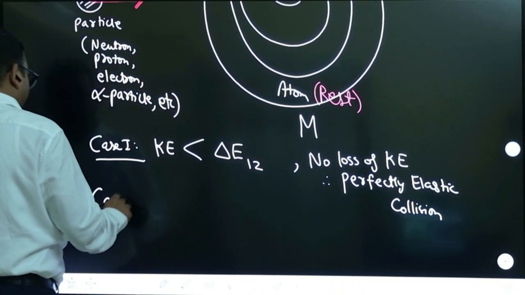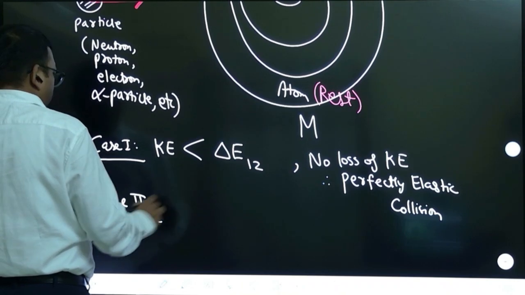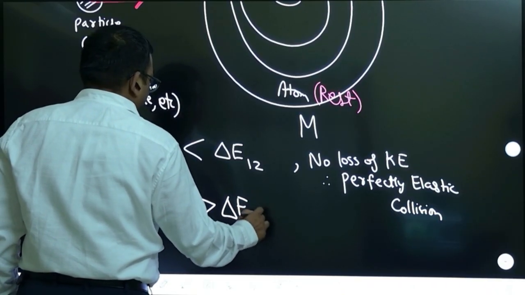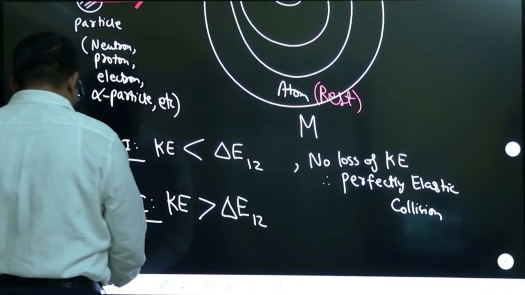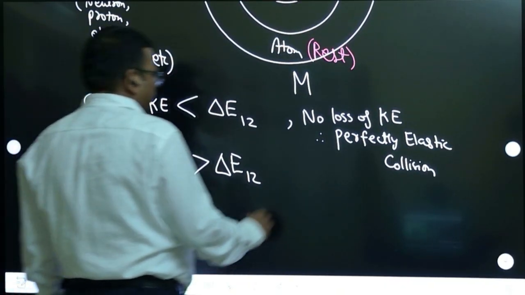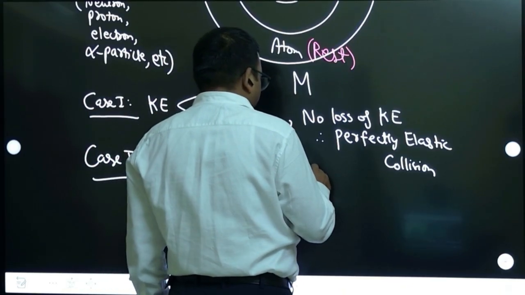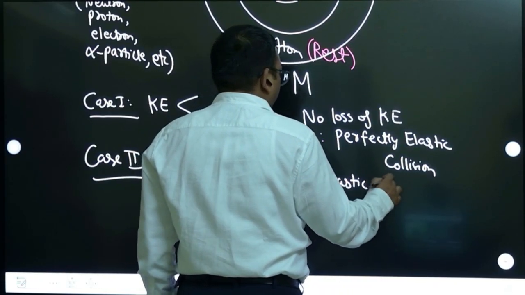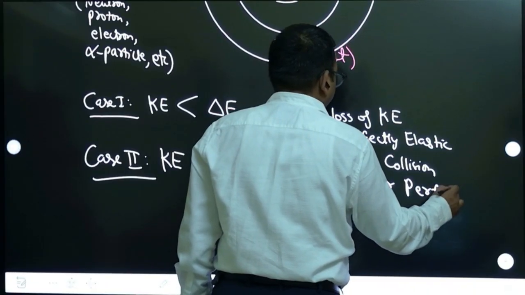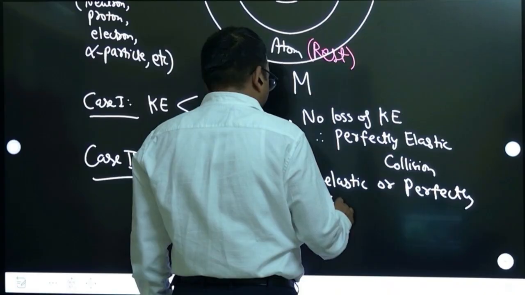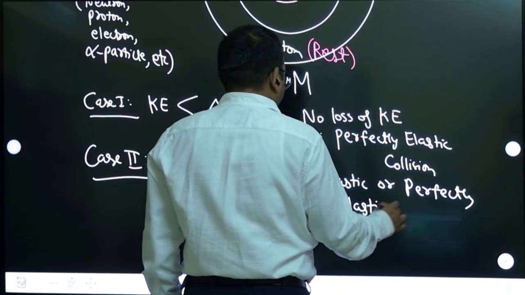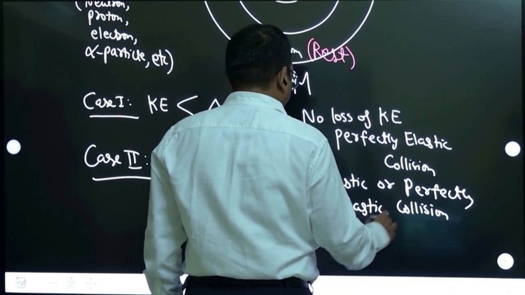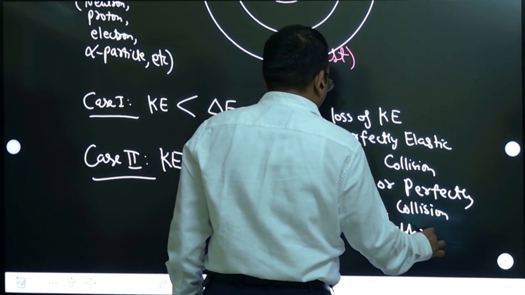Second case, case 2: if the kinetic energy is greater than the first excitation energy, then in that case an inelastic or perfectly inelastic collision may happen, because some loss of energy will happen.